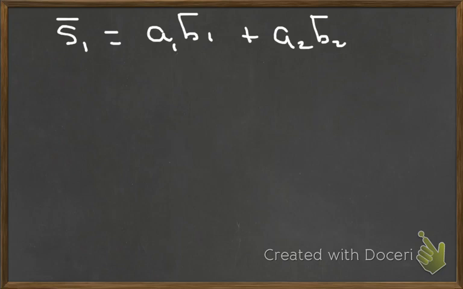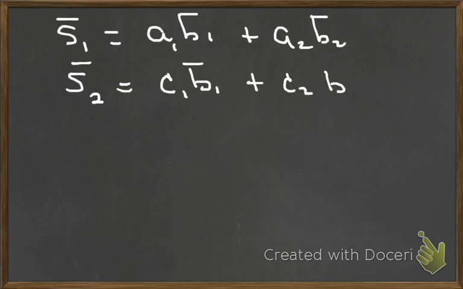Let's say that's how we combine the basis vectors B1 and B2 to form our basis vector from the standard basis S1. And similarly, let's say that we had S2, and we were able to put that together by multiplying C1 times B1 plus a scalar C2 times B2. All right, so those were the two ways to put together those vectors.